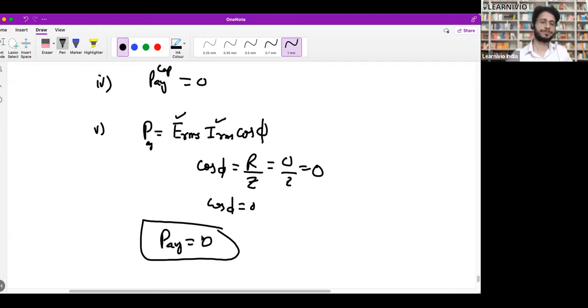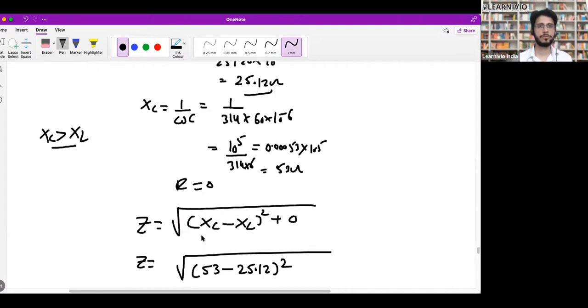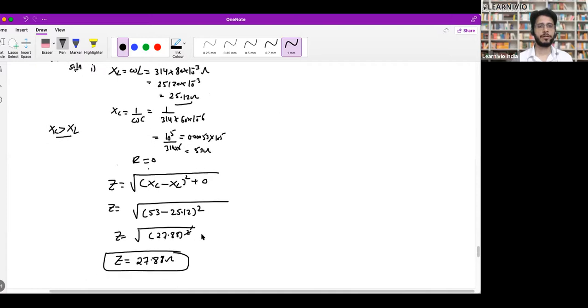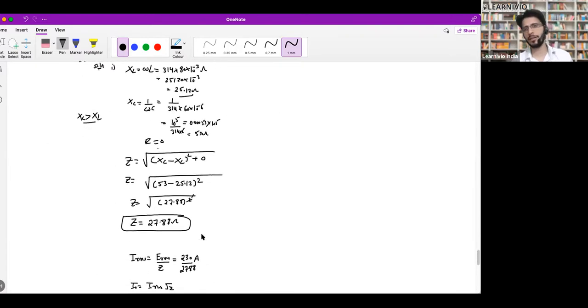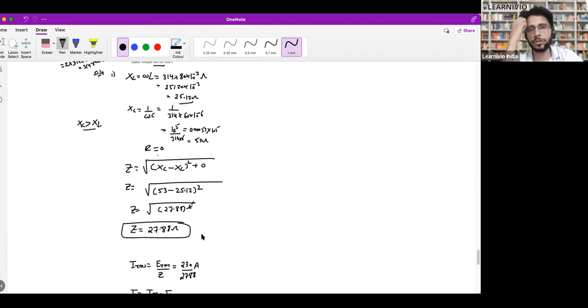Good. Do it now. Note it down. If LCR circuit is clear, then rest of the circuits are very straightforward. Note it down, then we'll do other circuits.